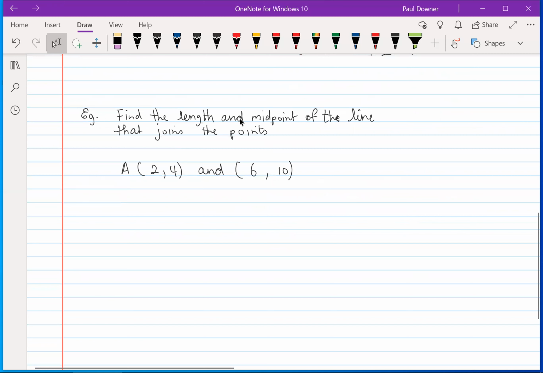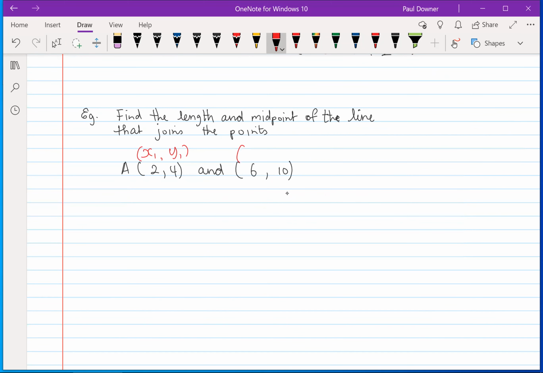All right? So let's do an example so you can see what this is about. Find the length and midpoint of the line that joins the points (2, 4) and (6, 10). Okay? So we're going to do that one now. First thing we have to do when you have 2 points like this is to name them. So we call this one x1 and this y1. So A is (x1, y1).